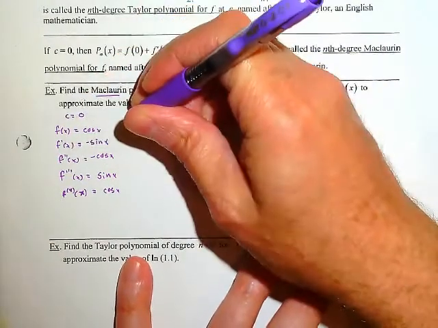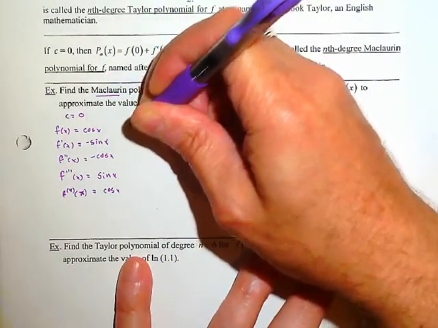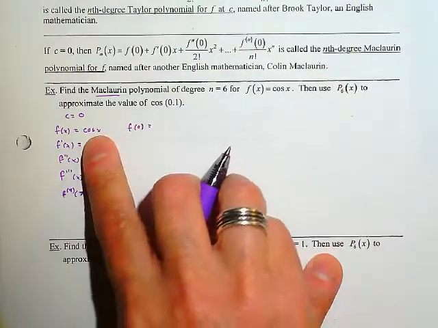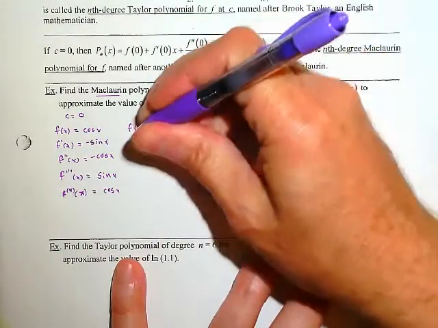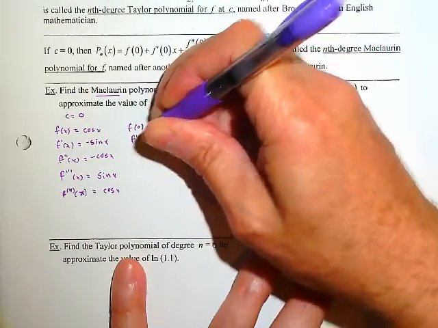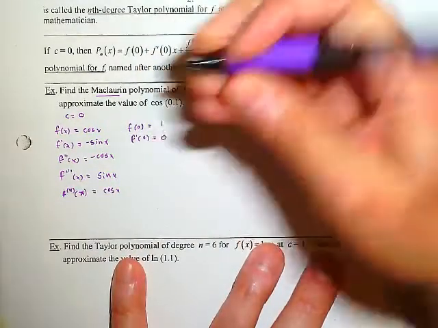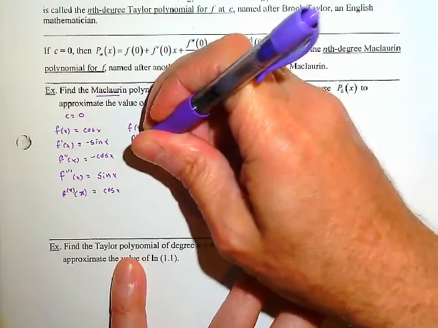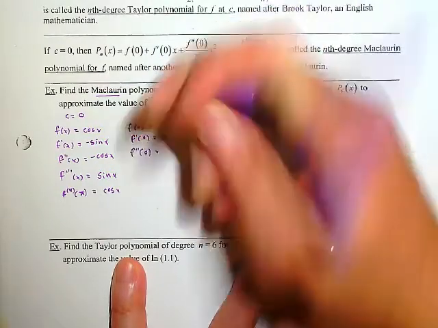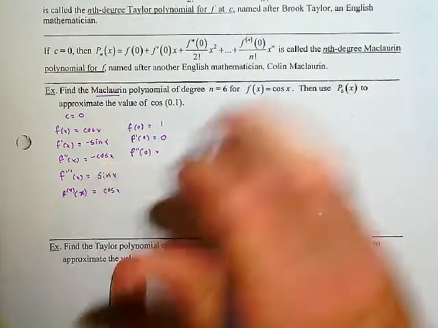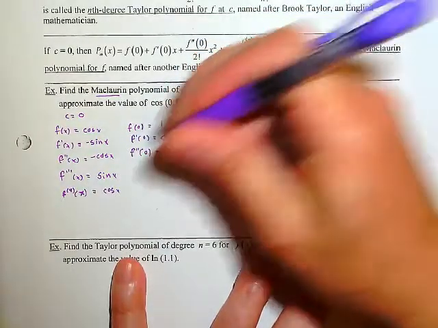Since c equals 0, I'm also going to calculate f of 0, which is the cosine of 0, which is 1. F prime of 0, which is the negative sine of 0, well, sine of 0 is 0, so negative 0, 0. F double prime at 0, that's negative cosine of 0, which is negative 1.